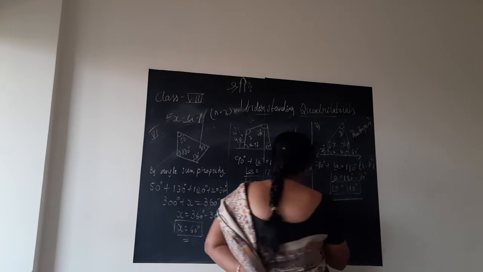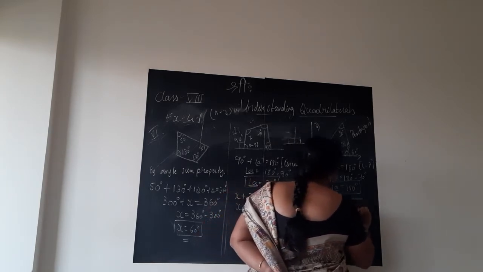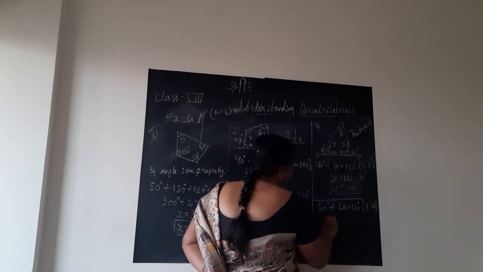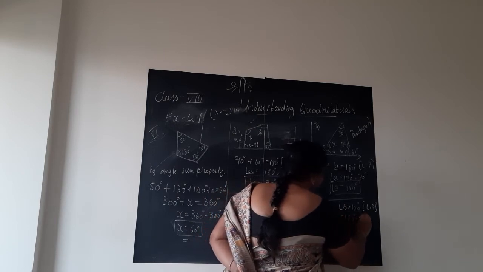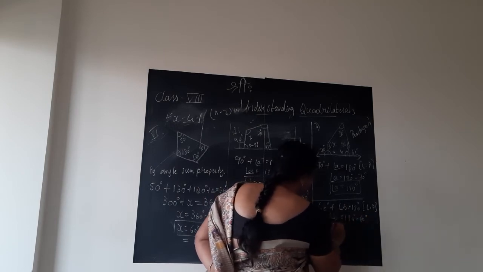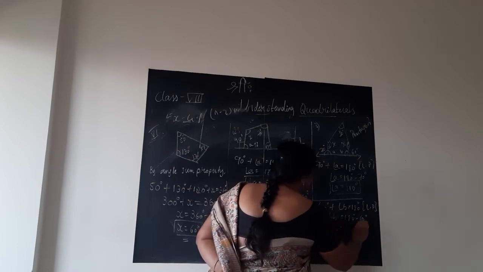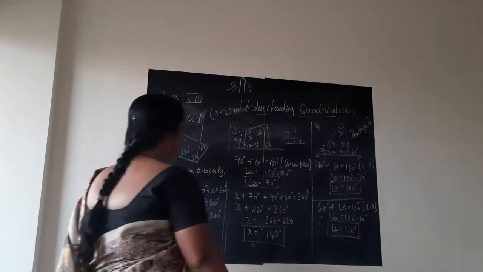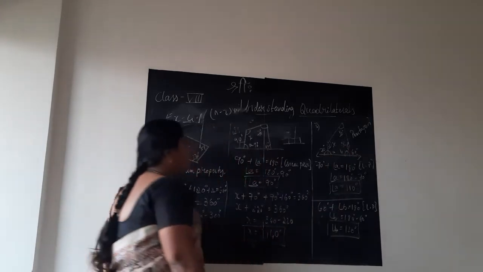Similarly, angle 60 degree plus angle B is again 180 degree. Why? Because they both make the linear pair. Therefore angle B is 180 degree minus 60 degree, which is clearly 120 degree. So angle B is 120 degree, children. Now we find out these two angles.